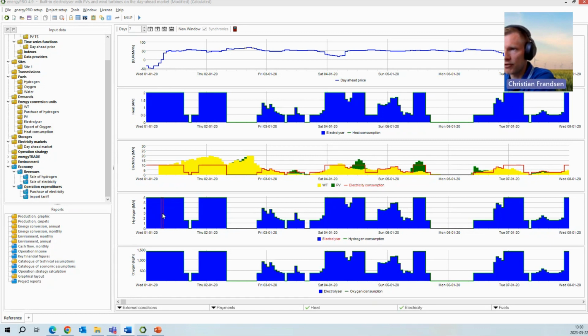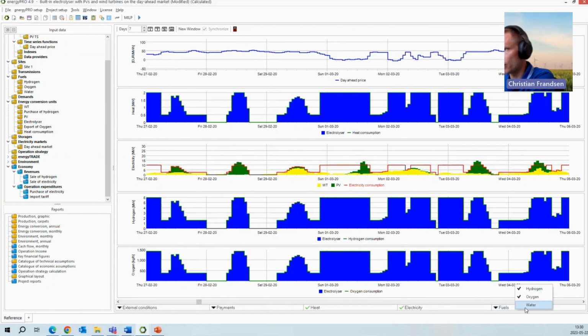Then we can see the hydrogen production and the oxygen production. And of course, we could also have a look at the graph for the water consumption. Yeah, and we see that it's trying to operate mostly when the electricity prices are low, and then it partial loads when it's high.